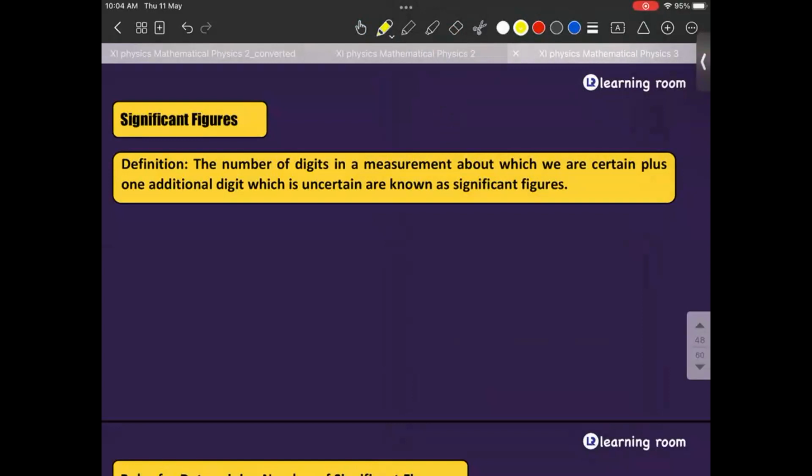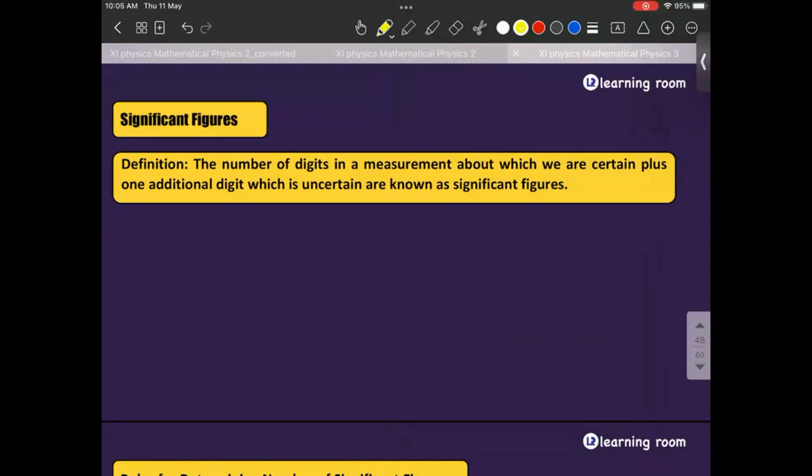So the next topic that we are going to see is significant figures, right? Whenever you take any measurement, as we discussed in the previous classes, we need to report the answer to certain decimal values. For example, let's say I'm asking you to measure the length of this pen.